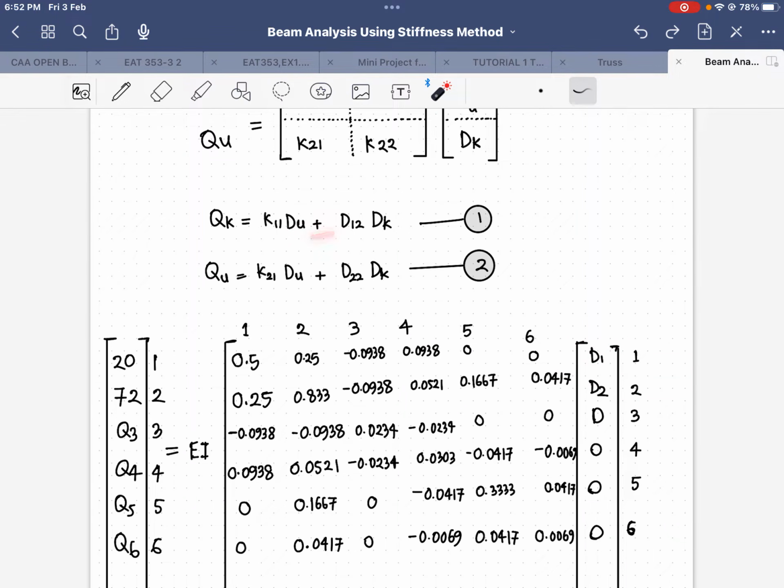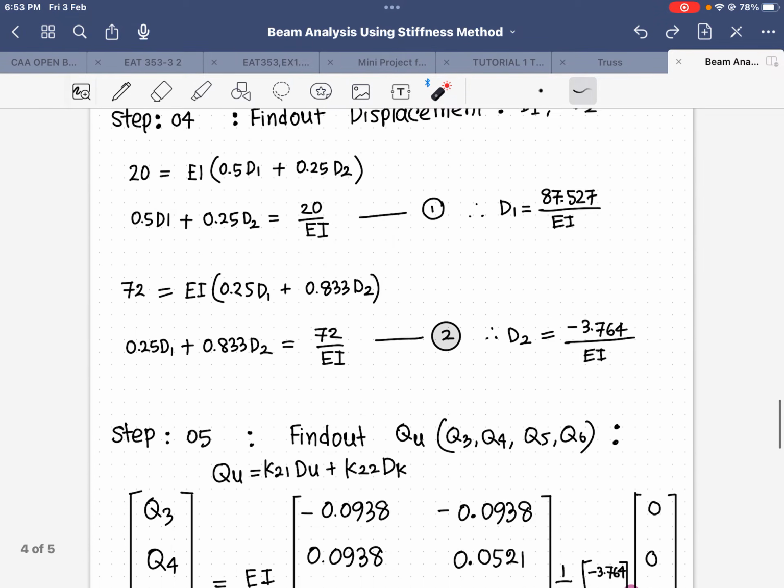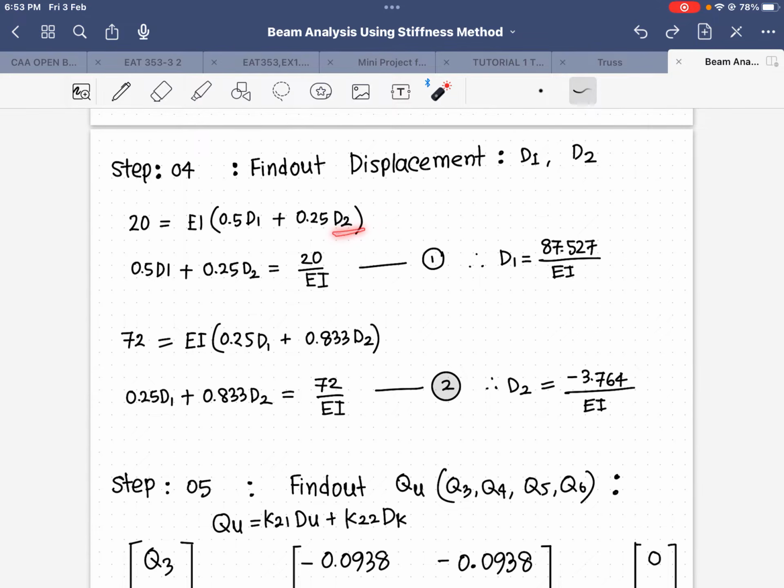Then I use the formula's plus sign. And then K12, that means first row, second column, so I put this 0.25. Then I did dk. We have the known displacement.